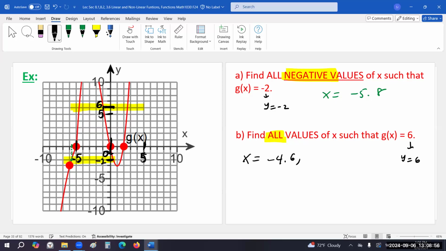Oh, this is a whole number. So what number do we have for the next x value? It looks like -1 here. That's why it's kind of hard to see. So the second point is here, it goes to the corner of the grid.